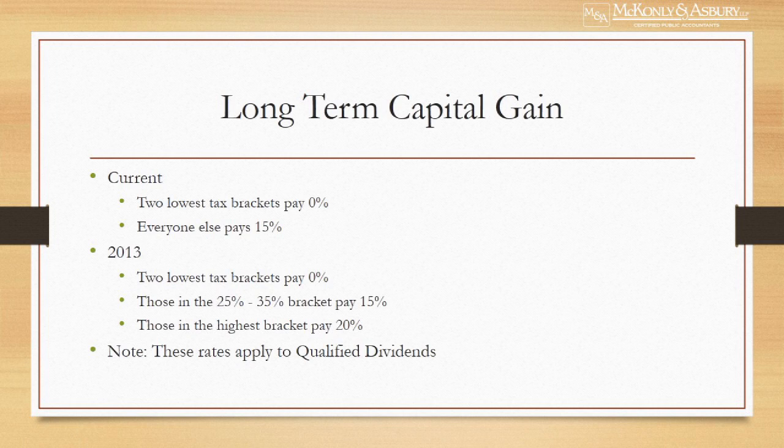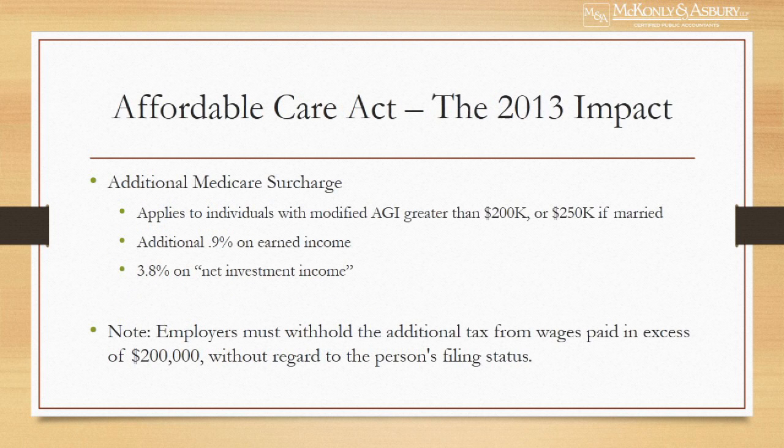So it's also a good time to bring up how some of the Medicare surcharges from the Affordable Care Act are also in place. The Affordable Care Act put in place a 3.8% surcharge on net investment income for those taxpayers that have AGI in excess of $250,000.